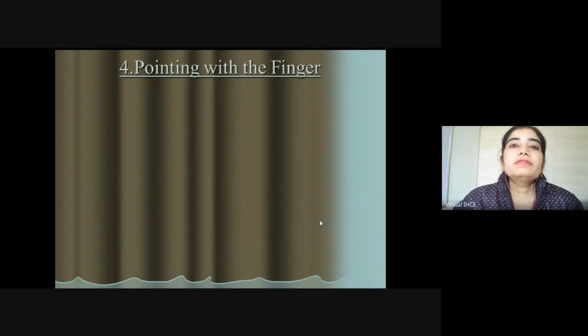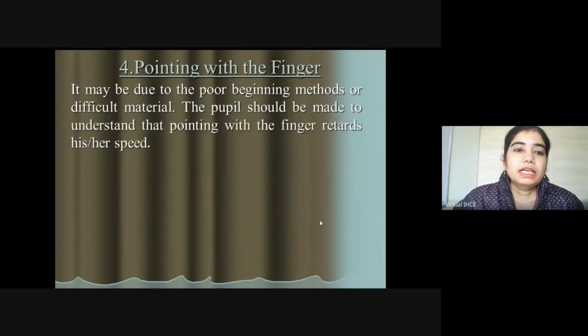Next is pointing with the finger. It may be due to the poor beginning methods or difficult material. The pupil should be made to understand that pointing with the finger retards his or her speed. Some of the children don't know that when they point with the finger, their speed becomes less.